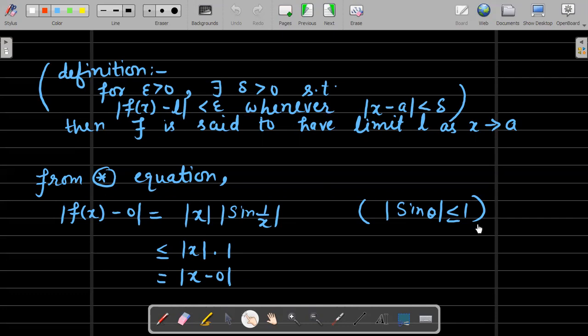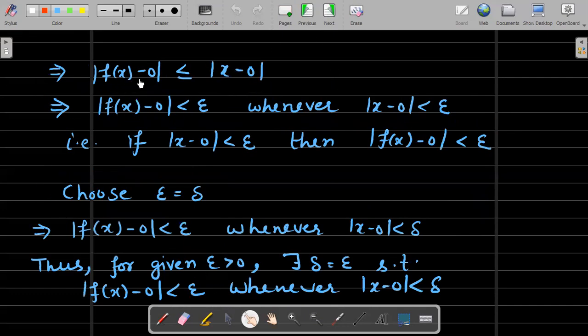The absolute value of sine is always less than or equal to 1. So this becomes less than or equal to |x| as it is, and for |sin(1/x)| we get |sin(1/x)| is less than or equal to 1. And this single term is equal to |x - 0|. So this becomes |f(x) - 0| is less than or equal to |x - 0|.